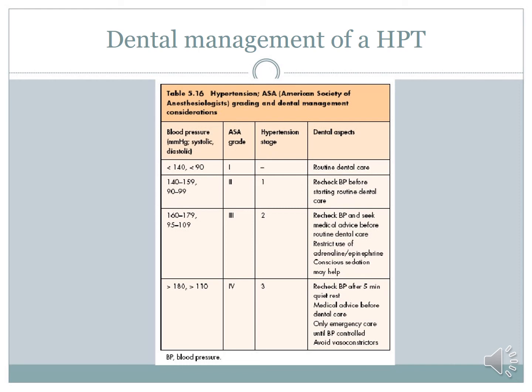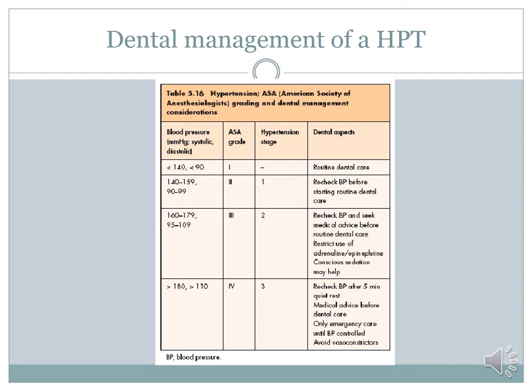If the systolic is more than 180 and the diastolic is more than 110, it is graded under ASA 4, hypertension stage 3: recheck blood pressure after 5 minutes of quiet rest, seek medical advice before dental care. Only emergency care until BP is controlled, and when doing the procedure, avoid vasoconstrictors.